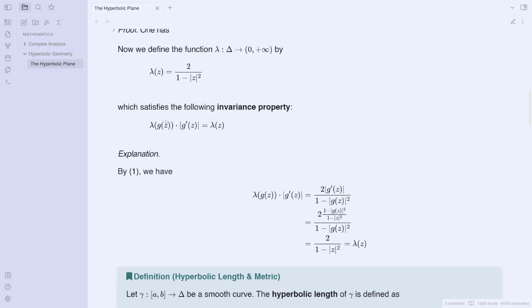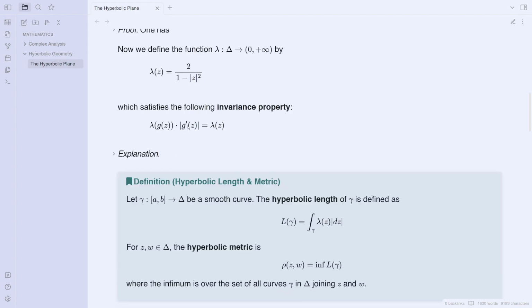So this thing is invariant under Mobius transformations, and this is very important because if you think about it conceptually, based off what you already know about metric spaces, if I'm telling you this is a metric, then that metric should be invariant under extremely nice transformations of the space we're talking about. And in our case, the extremely nice transformations of the space are Mobius transformations. They're great. So we have this metric, and it is invariant under these Mobius transformations.